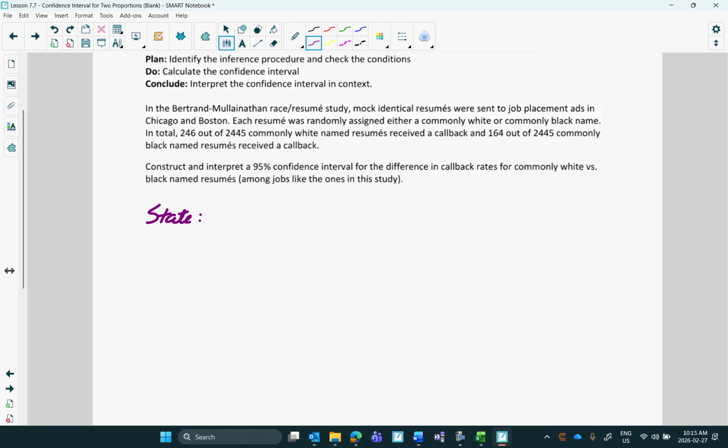We are constructing a 95% confidence interval, and I'll just put CI, for, and remember, we don't use the hats here, for P1 minus P2. And then we have to define each one.